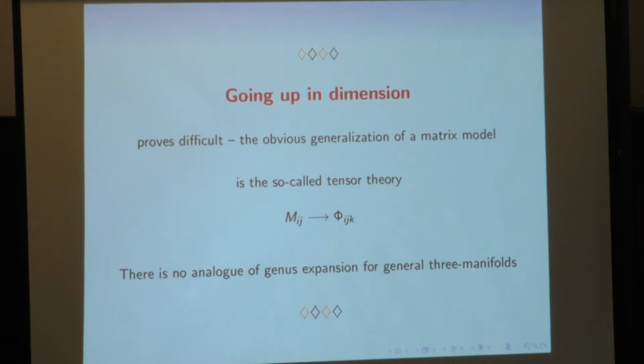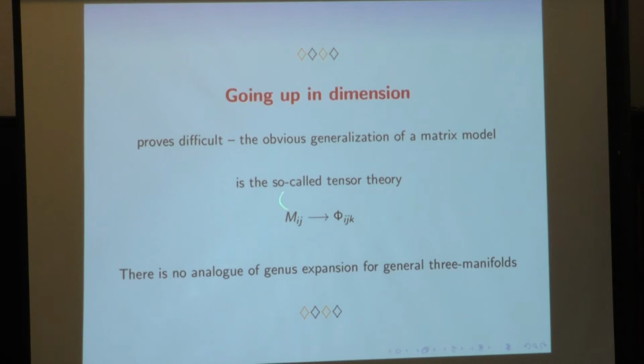So there are, of course, topological invariants of 3-manifolds, but there are too many of those, and they're not organized as a number, or maybe a simple set of numbers which you could use to expand things.